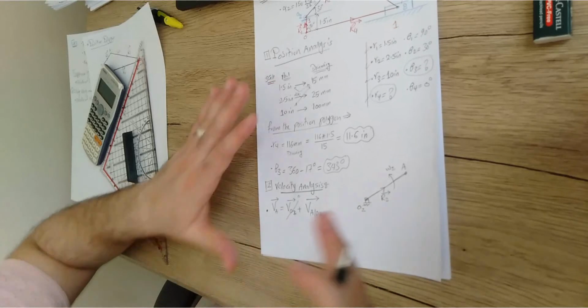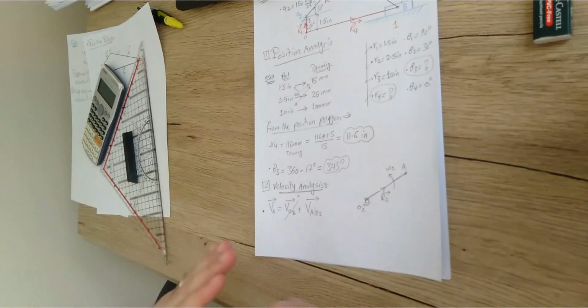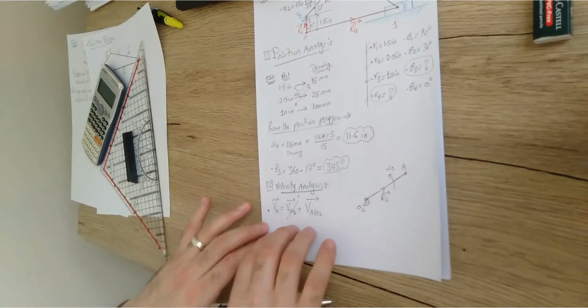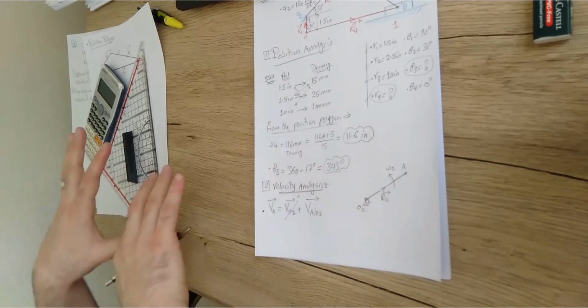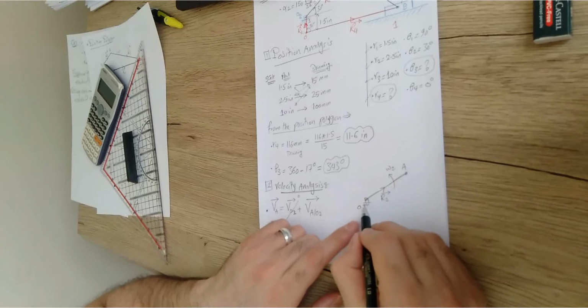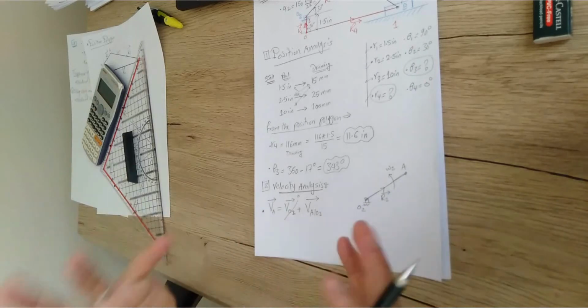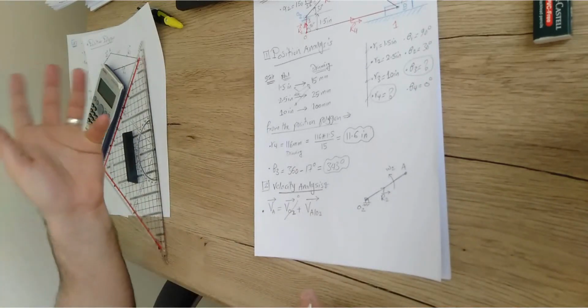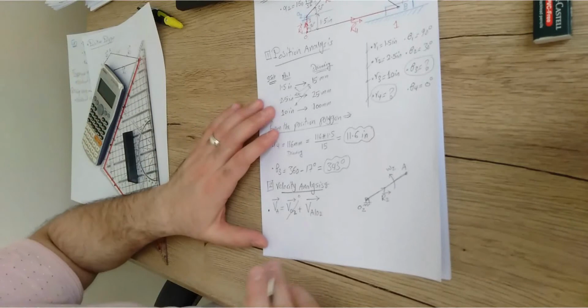Remember, to draw this velocity in the velocity diagram, it should be drawn from either point O2 or A, depending on which one of these two points is already located in the velocity diagram, as I'm going to show you now.